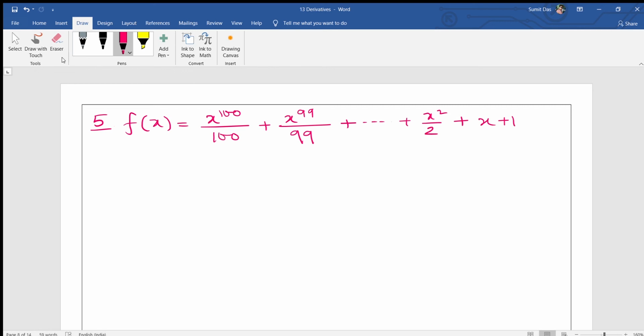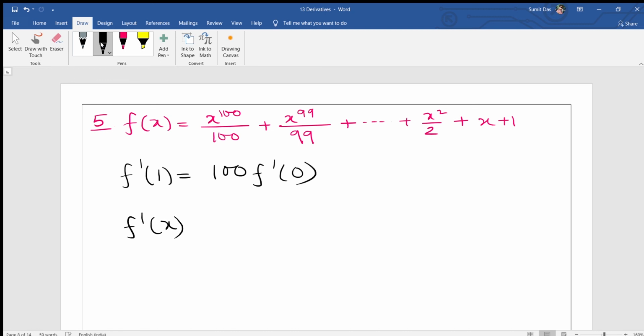The polynomial is given and it says to prove that f'(1) = 100 times f'(0). What is f'(1)? f' means derivative. After finding the derivative of f(x), we will find f'(1): instead of x we put 1, and for f'(0), instead of x we put 0.